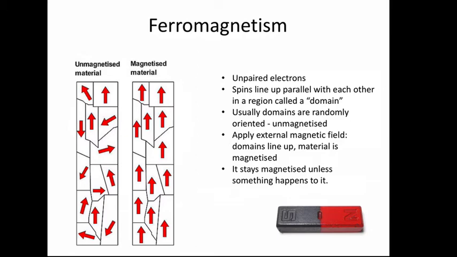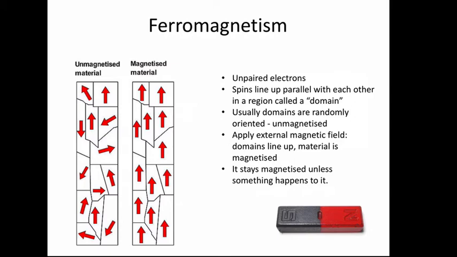Now, ferromagnetism. These materials contain unpaired electrons. So they do not necessarily act as magnets all the time, because the unpaired electrons can be oriented randomly, whereas they would all have to be lined up for their magnetic fields to actually add up to an overall magnetic field.